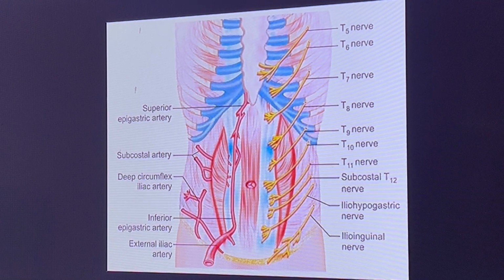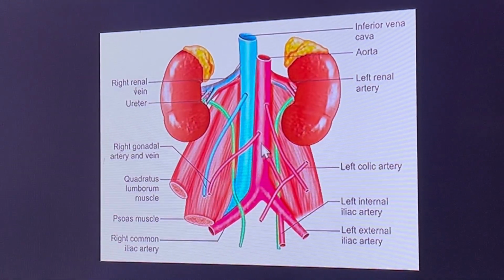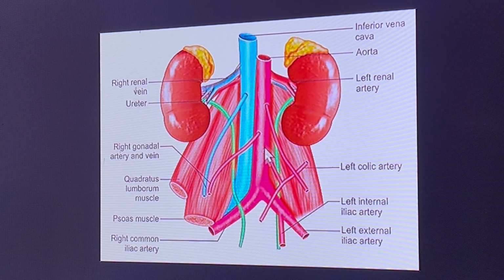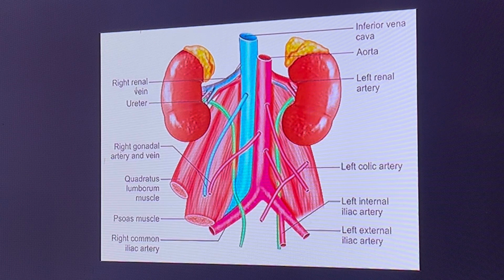In the deep arteries, you have this aorta, which is supplying the left renal and right renal areas. You have gonadal arteries, the left colic, internal iliac, external iliac. Like this is your aorta, this is dividing into your common iliac, then this is your internal iliac, and this is your external iliac on both sides.